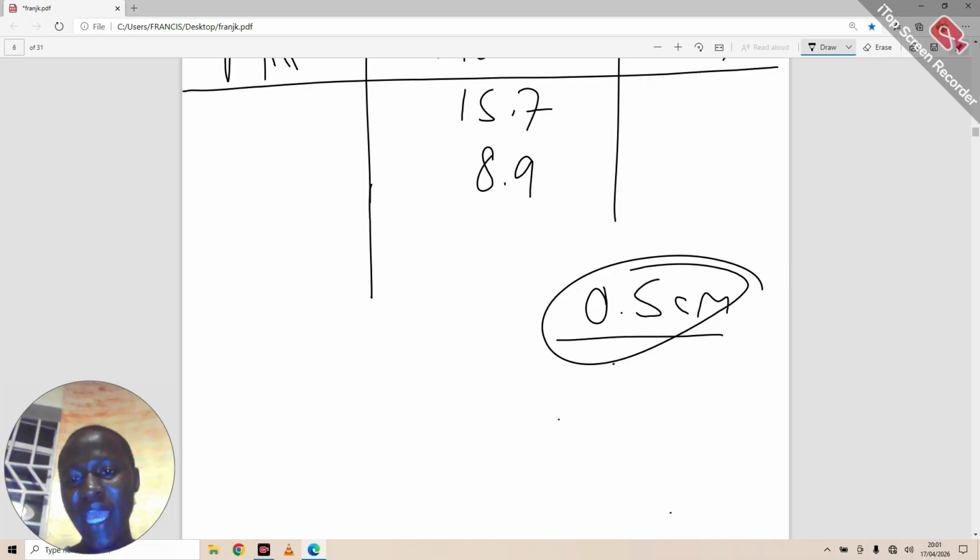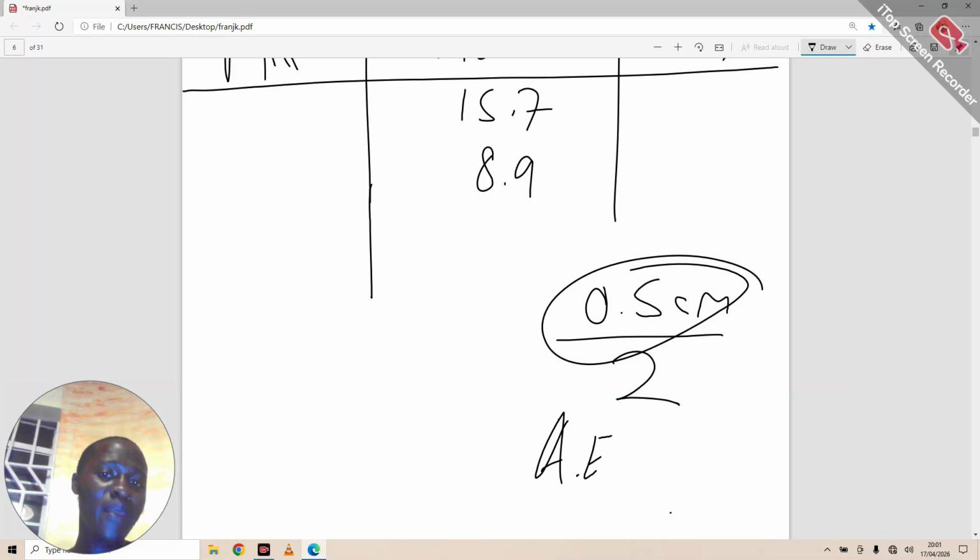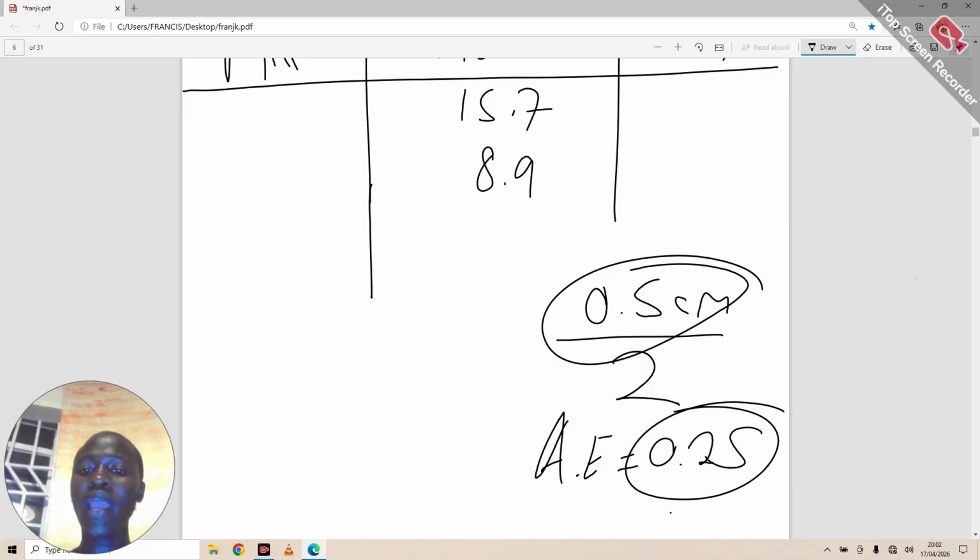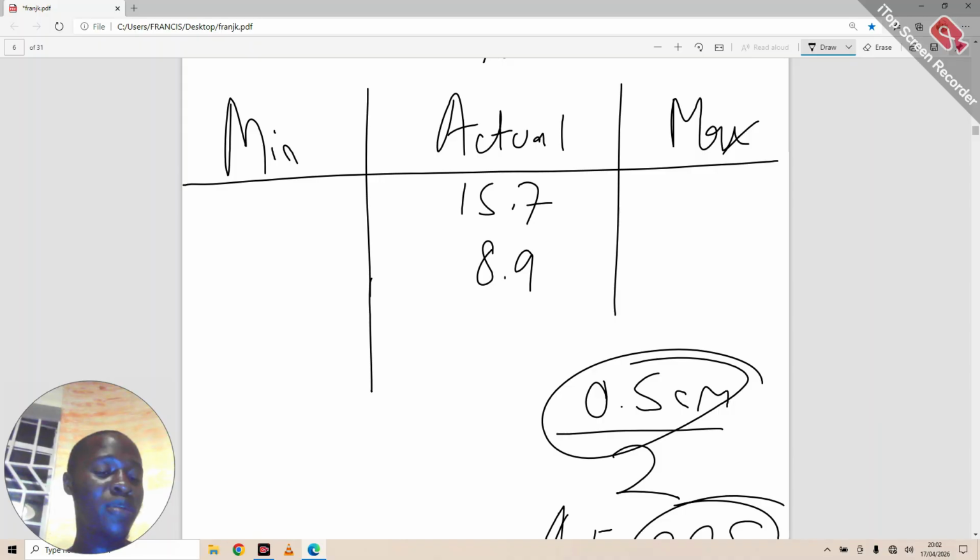So divide it by 2 to get the absolute error, which you add in each and every number to get the maximum, and subtract in each and every number to get the minimum. So 0.5 divided by 2 is 0.25. Now, that is our absolute error, used in each and every number.